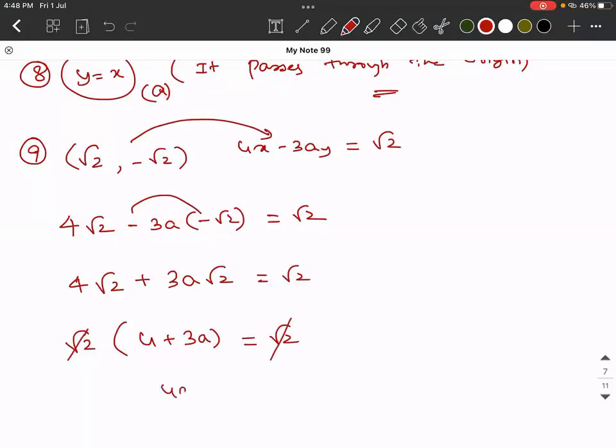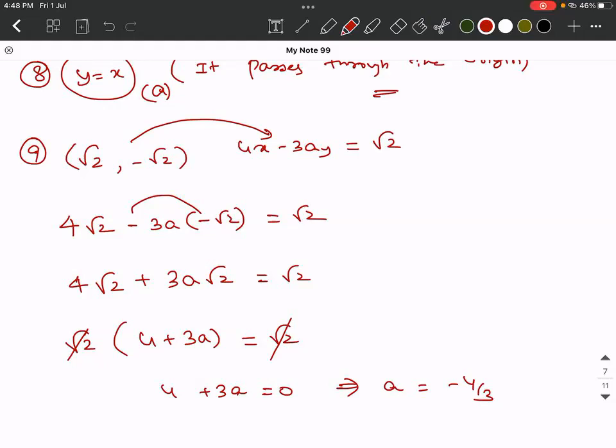Sir, minus. I wrote it, no? 4 plus 3a is equal to 0, which implies a is equal to minus 4 by 3. That's it. Simple. Is there an option? No. It's like 1 minus 1. What are you saying? Four root 2.